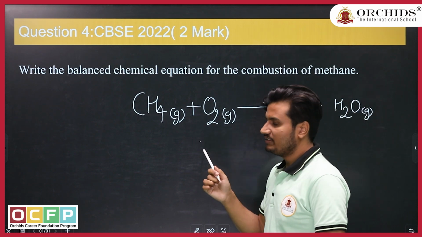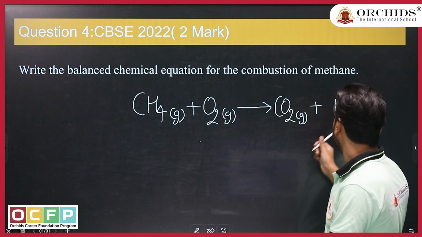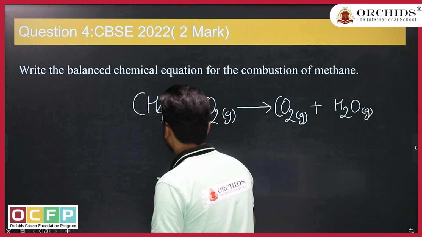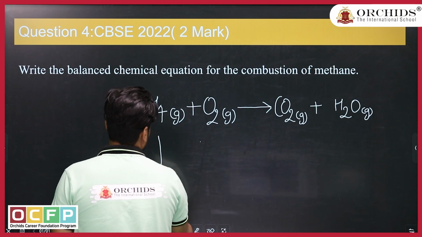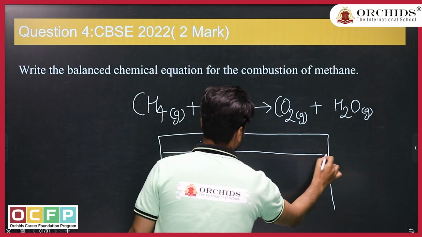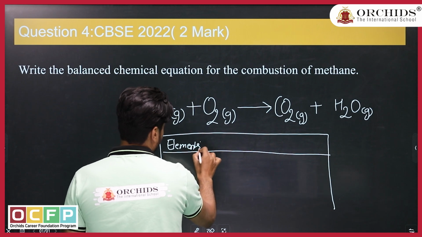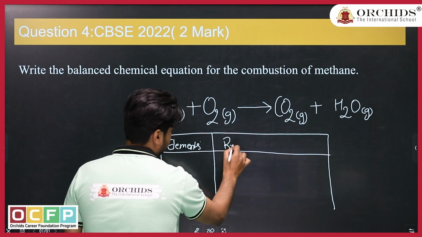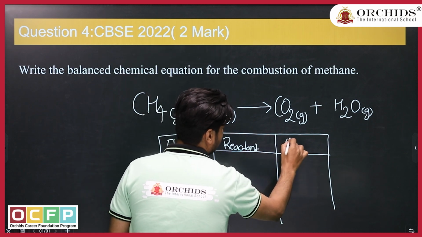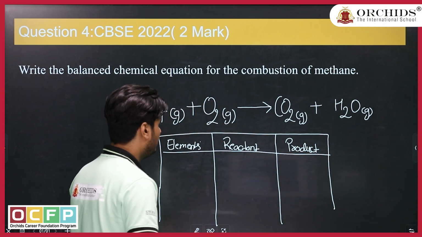Alright. Now, this is the unbalanced equation. Alright. Why? Because see, there are 4 atoms of hydrogen over here, 2 atoms of hydrogen. So, now what we will do? We will balance it. Alright. So, we will make that table. Reactant and product. Alright.